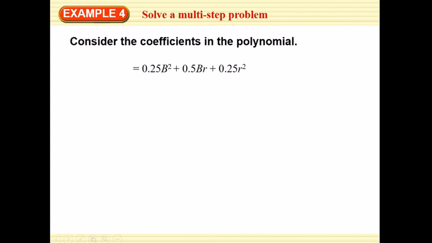So considering the coefficients, that means there's a 25% chance that they are going to have both black genes, 50% chance that they're going to have black and red patches, and then 25% that their genes are going to be both red.